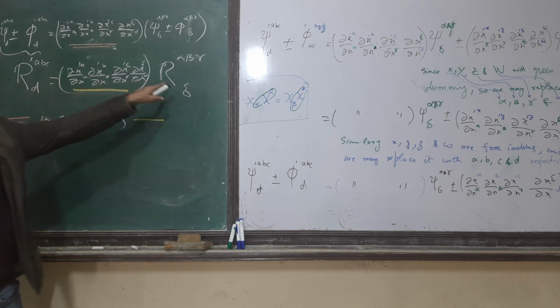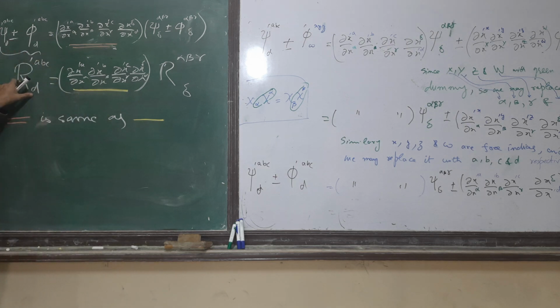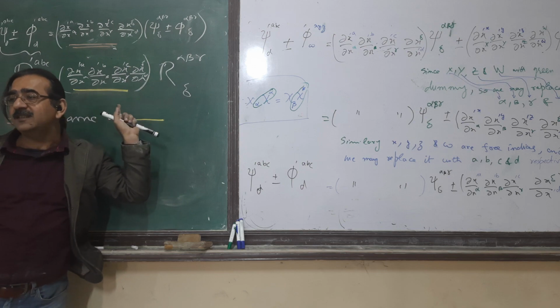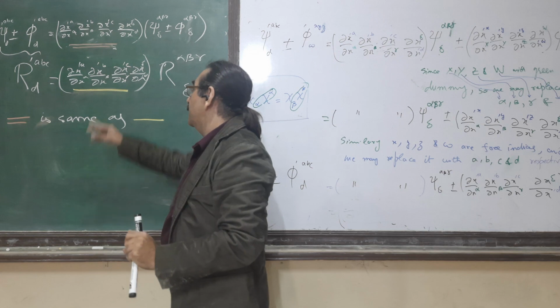Actually, you have to apply transformation law on this, okay? Then you will check that. You are saying that this is the resultant of this, and this is the resultant of this. Now you have to check the transformation law after applying the transformation.